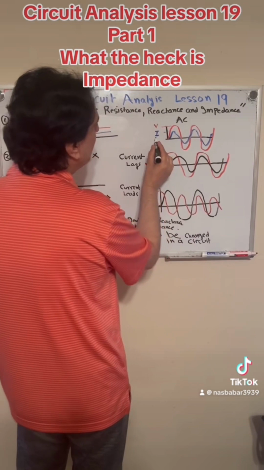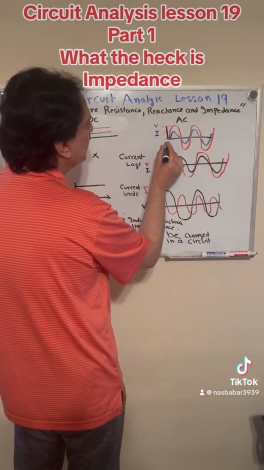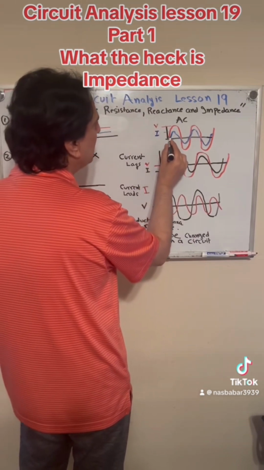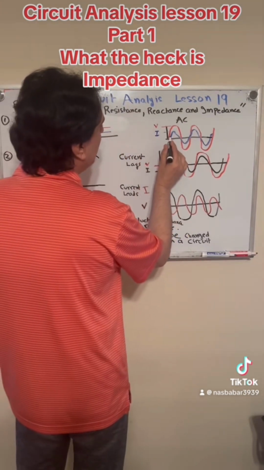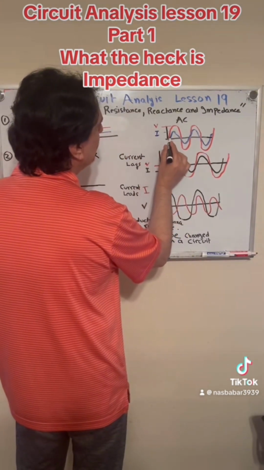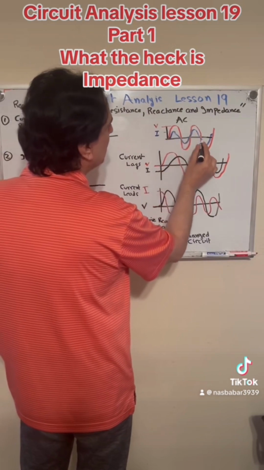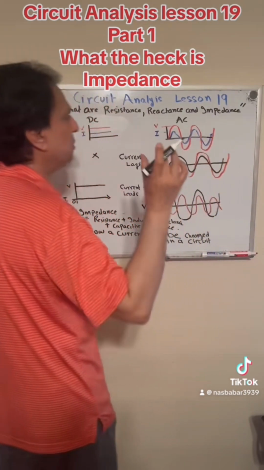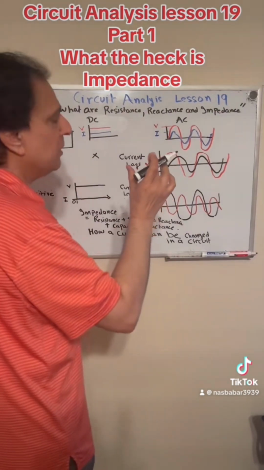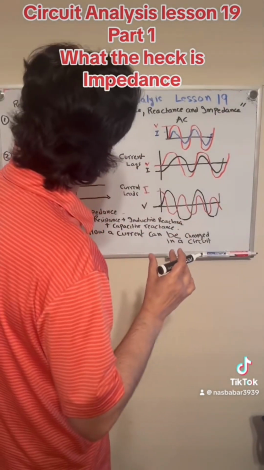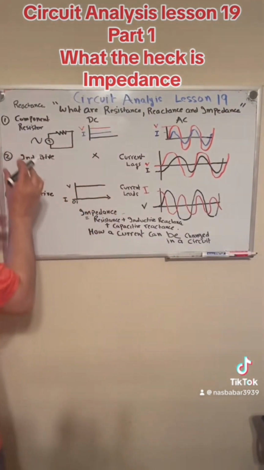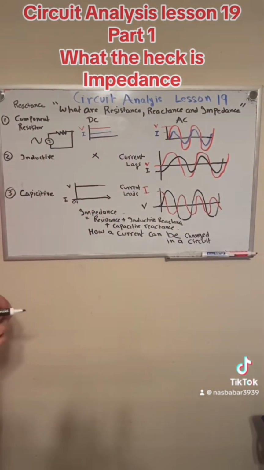And then in blue is the current, which is smaller than the voltage, but it is following the voltage. This is the behavior when we have a resistor in the path.